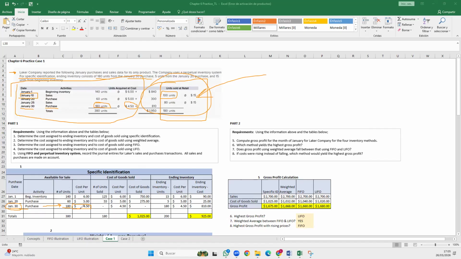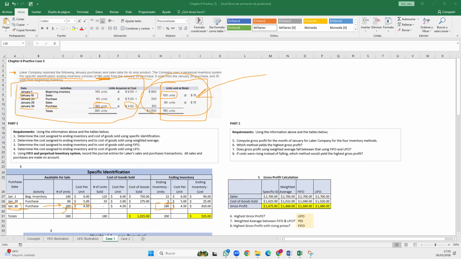Now, what happens on the cost of goods sold side? The problem is already telling you that 180 were ending inventory. So how many units were sold?